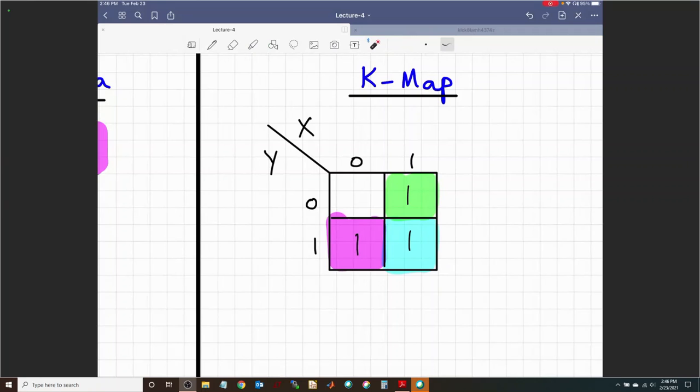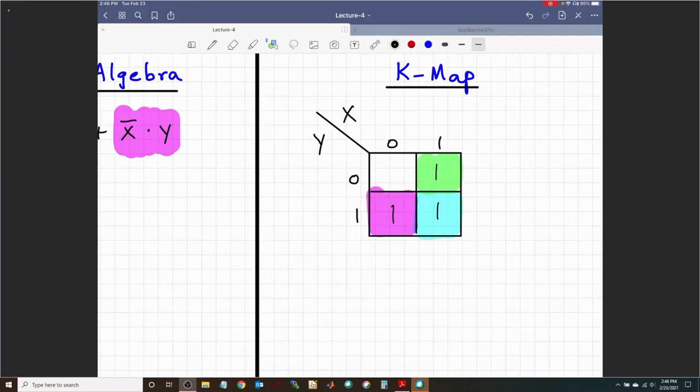So when you are trying to combine the ones, what are you trying to do? Clearly, you have a vertical group and a horizontal group. You guys agree with that? So there is a vertical group here of 2 ones, and there is a horizontal group here of 2 more ones. And if you observe here, this cell right here is being reused twice, right?